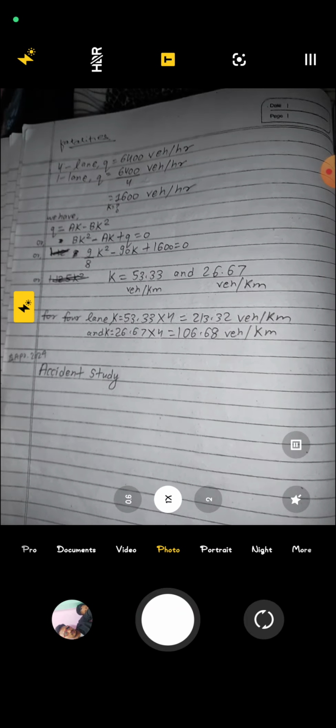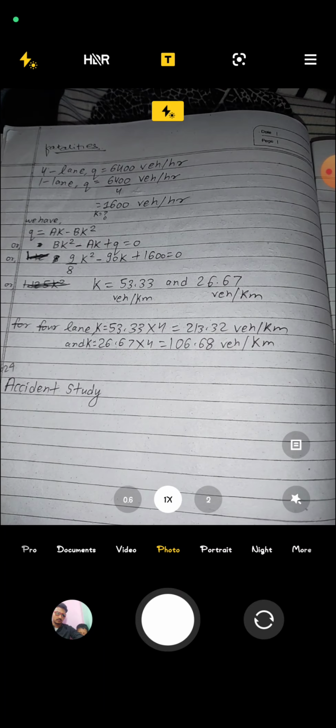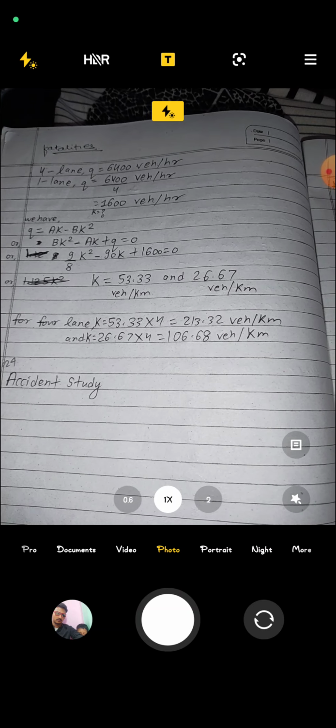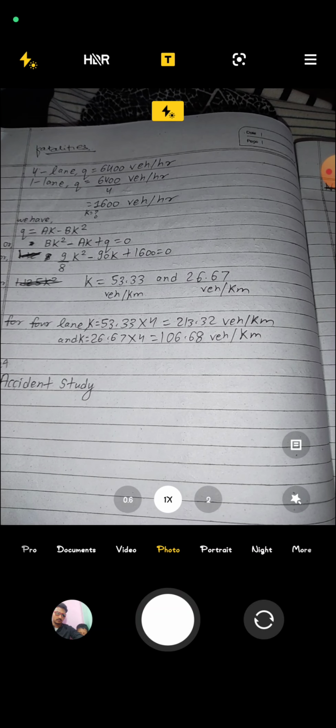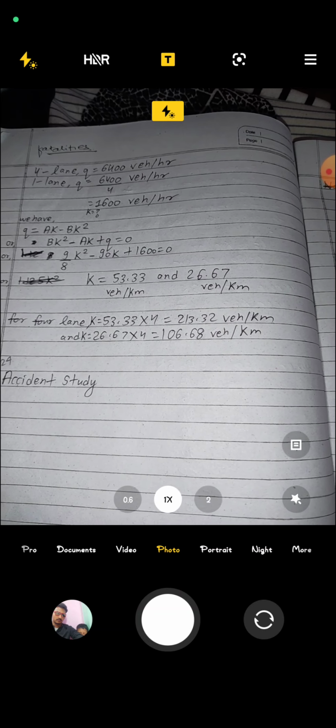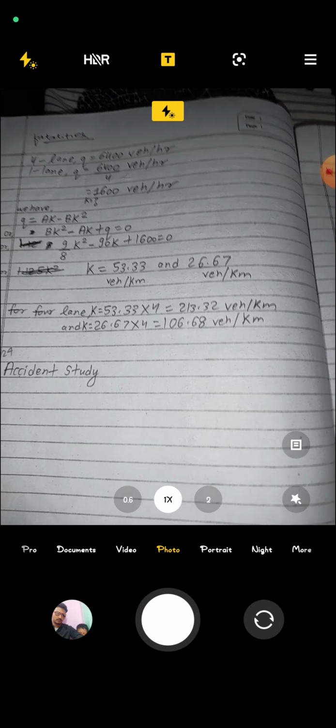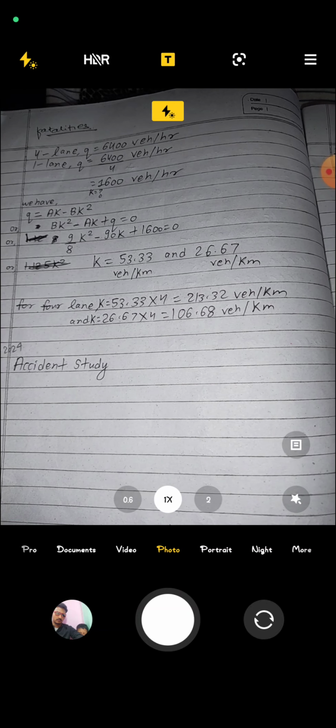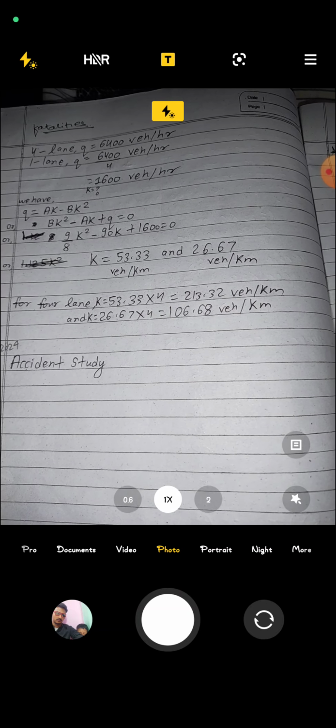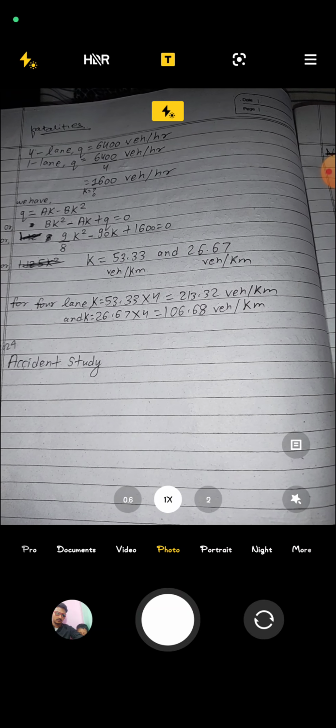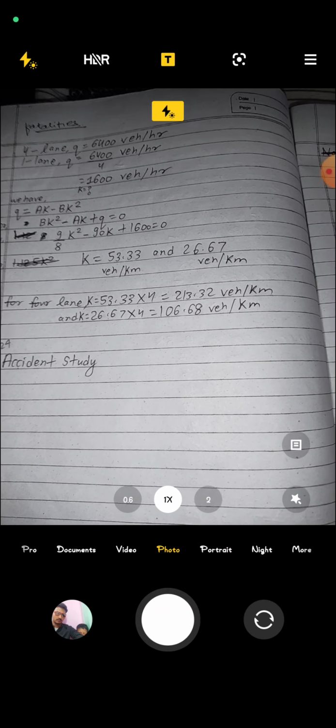Then for the 4 lanes, Q is 6400 vehicles per hour. For 1 lane, Q is 6400 divided by 4 vehicles per hour, 1600 vehicles per hour. Then we have Q equal to aK minus bK square, so bK square minus aK plus Q equal to 0. 9 by 8 K square minus 90K plus 1600 equal to 0.